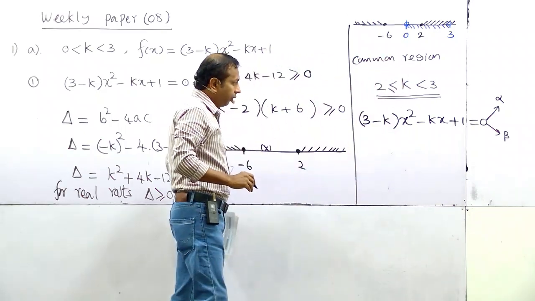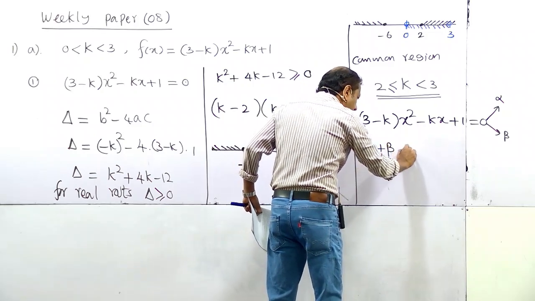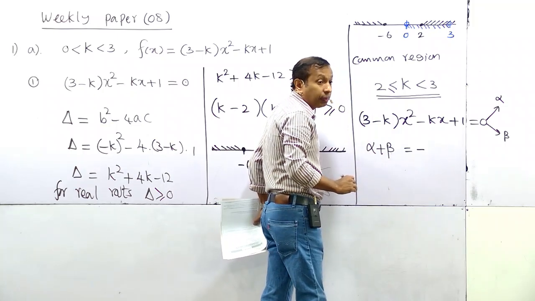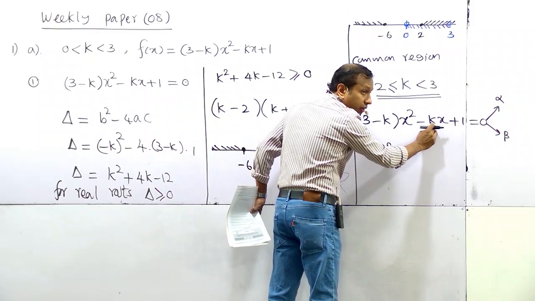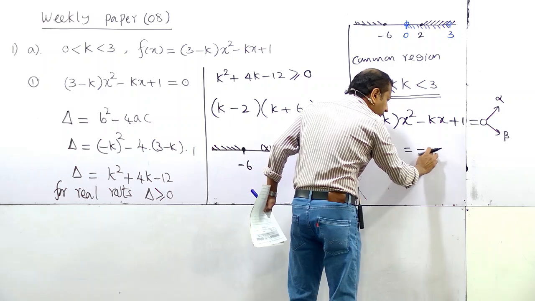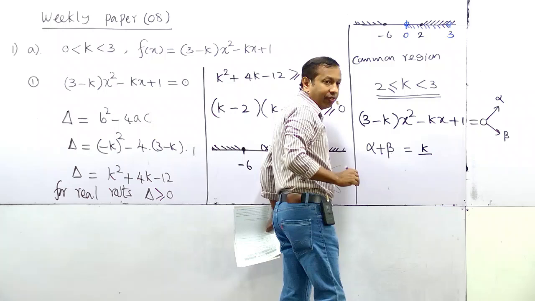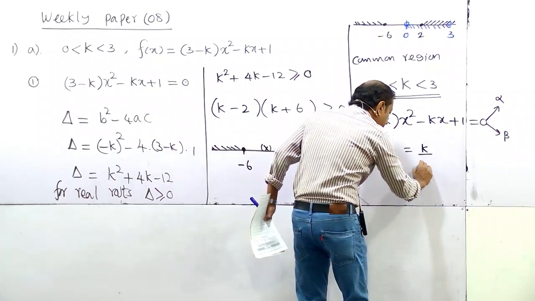Then the sum of the roots, alpha plus beta, how do you write? Minus b, b is the x coefficient. It is minus k. Then this minus and that minus make plus. Minus b divided by a, a means the x squared coefficient, 3 minus k.